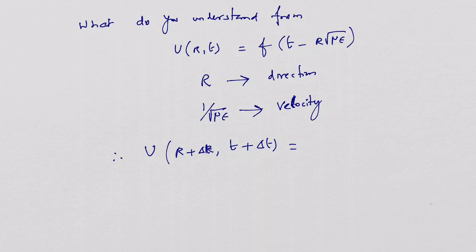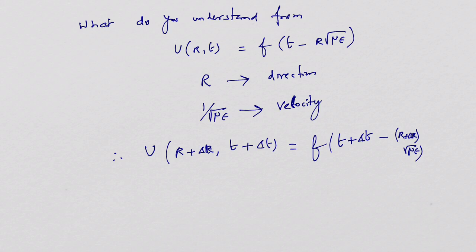The function u may be modified in accordance with the requirement. Sometimes it is computed at r comma t, sometimes at r plus del r comma t plus del t. So what will happen if I start evaluating at some other point after some time? You can find that instead of f of t, it will become f of t plus del t minus r plus del r into square root of mu epsilon.